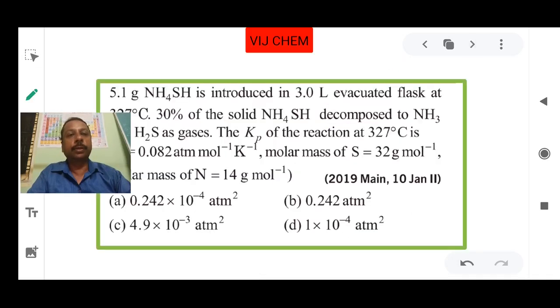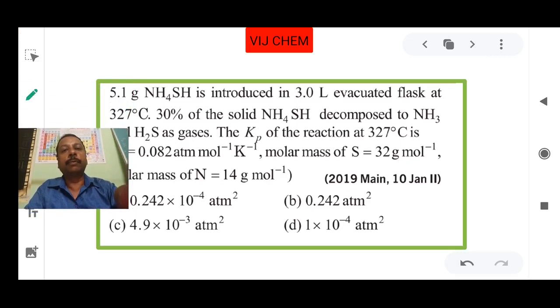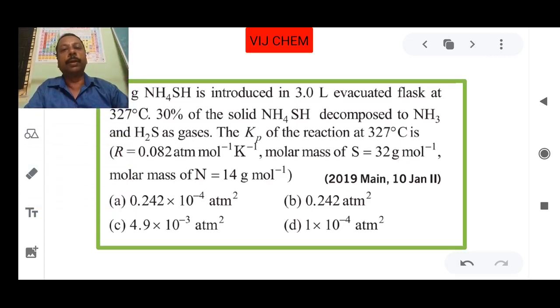Next question. Here is also a very important and frequently asked question. 5.1 gram of ammonium hydroxide, sorry, ammonium bisulfide, NH4SH, is introduced into a 3-liter evacuated flask at 327 degrees Celsius, and 30% of the solid decomposes to give NH3 and H2S.